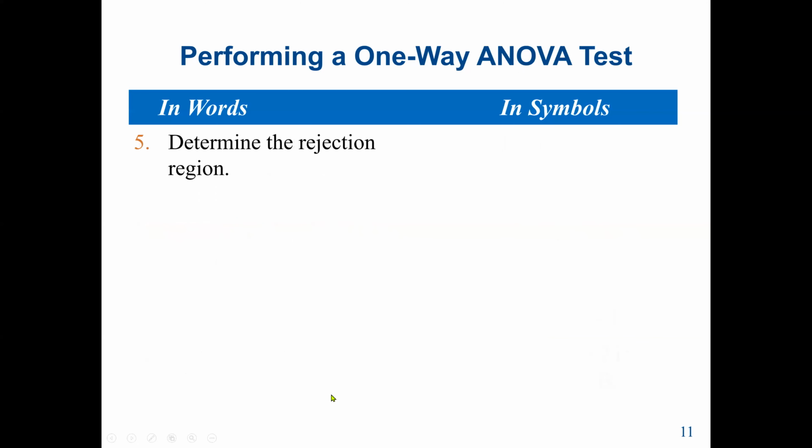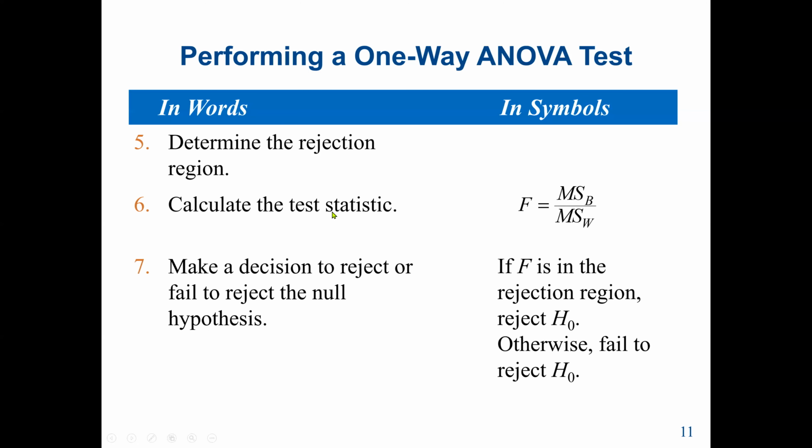The critical value will tell me the boundary between rejecting and accepting H0. So if we know the critical value, we can determine the rejection region. Now we need to calculate the F value, which is the test statistic. Then after that, we will see if the value lies to the left of the critical value, which means we accept H0.